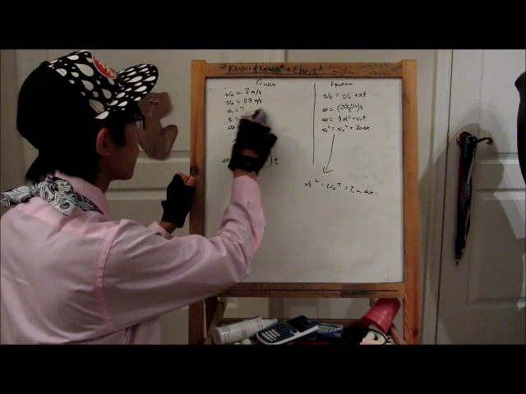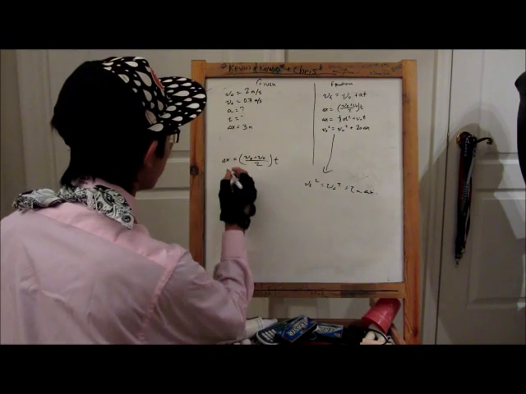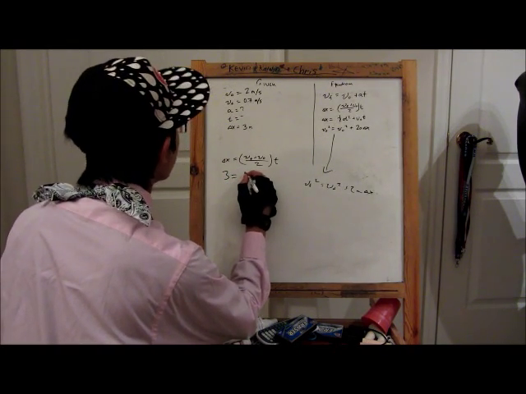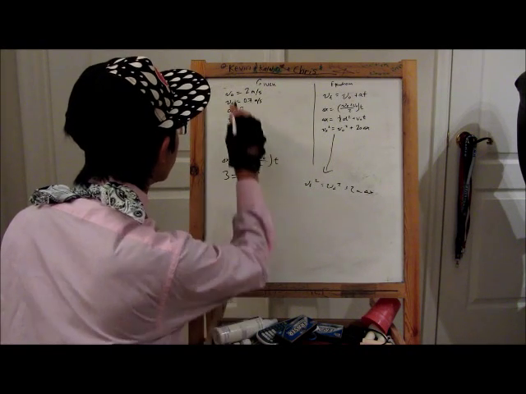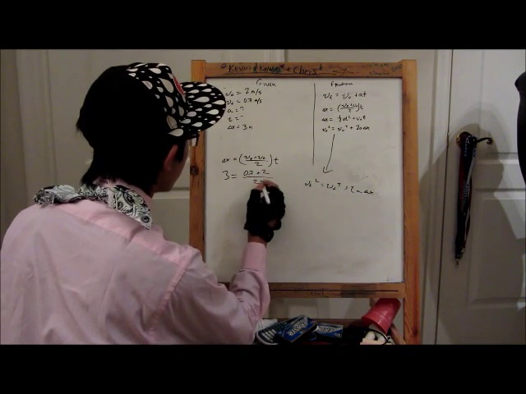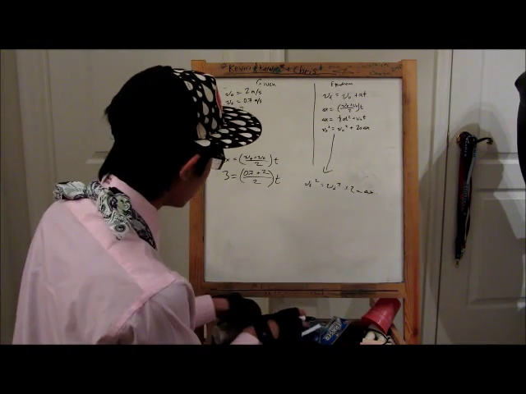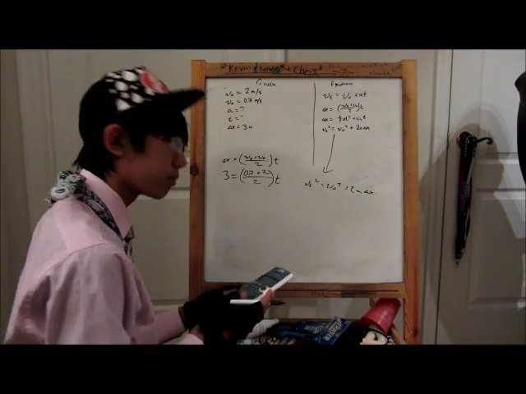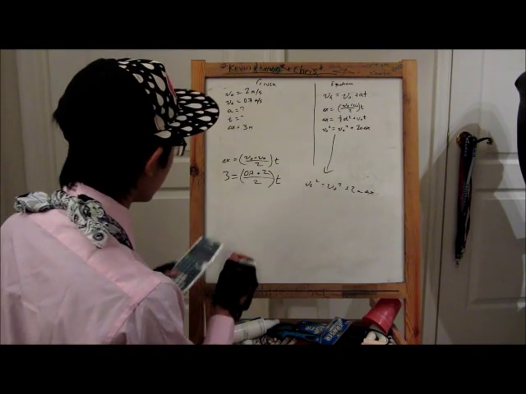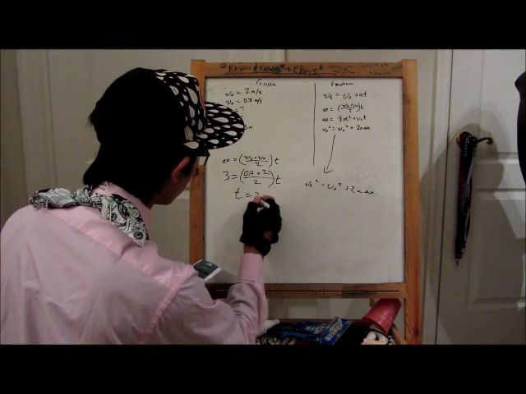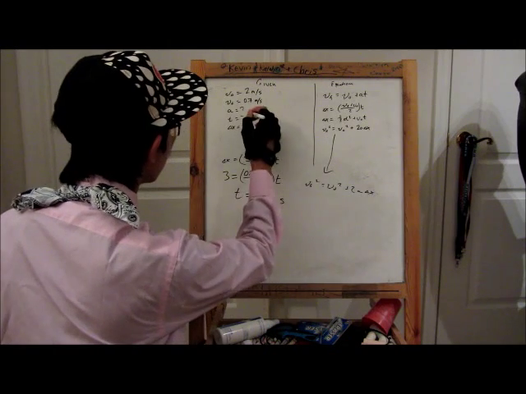So we know 3 is equal to 0.7 plus the initial, which gives me average velocity, times time. Now we're going to solve for time. I'm going to punch it into my handy dandy calculator. Oh yeah. And we're going to get t equal to 2.22 seconds.